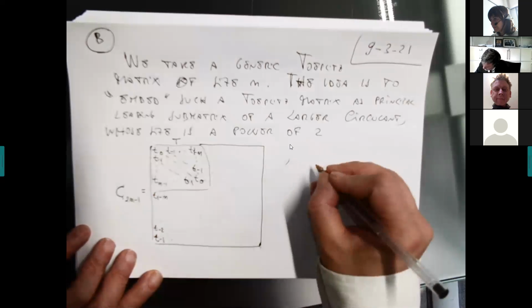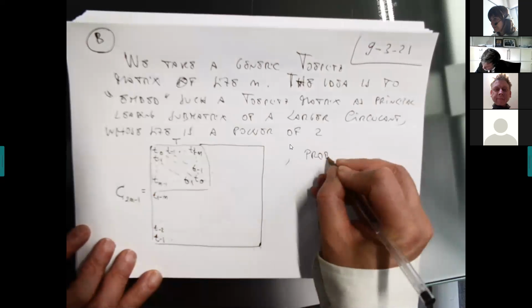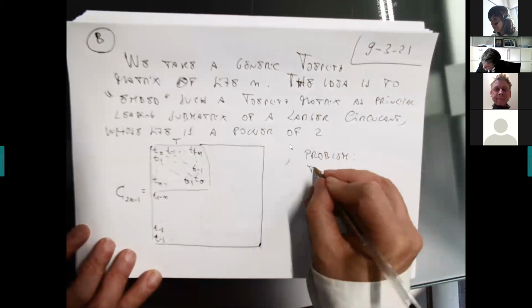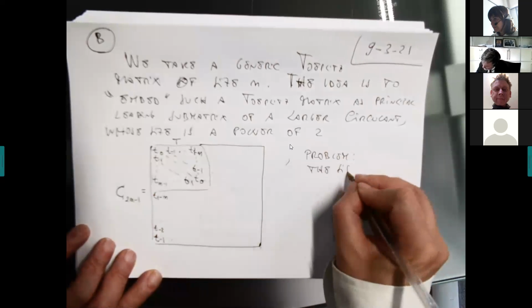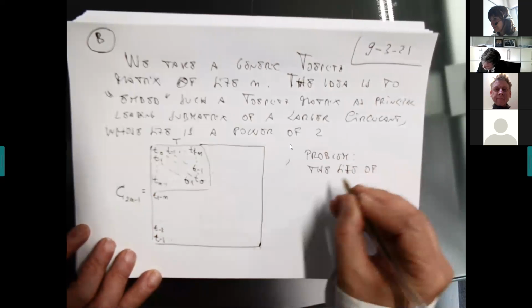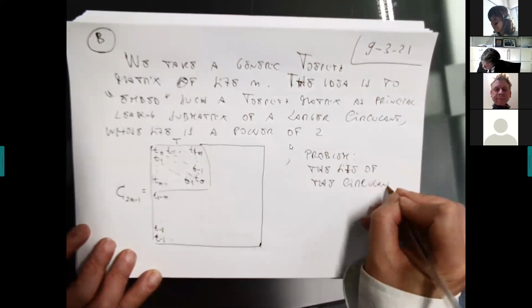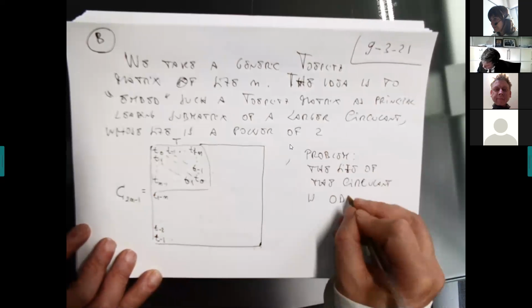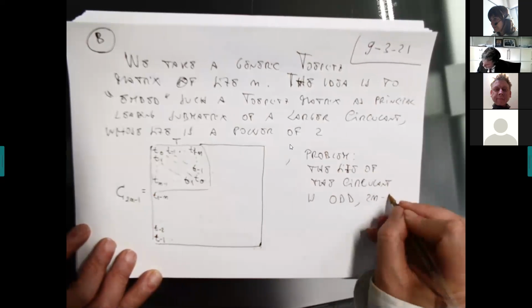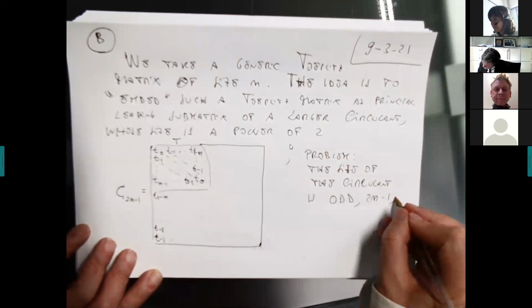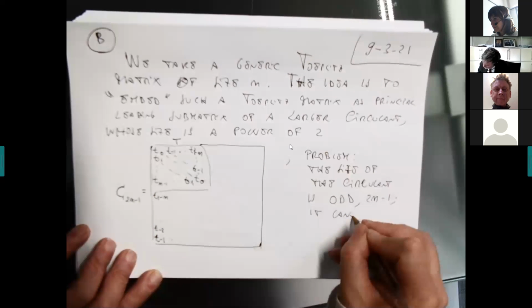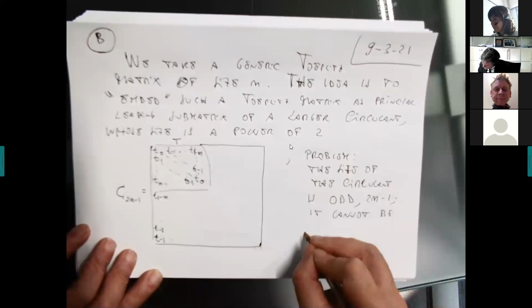So problem, the size of the circulant is odd. That is 2n minus 1. It cannot be a power of 2.